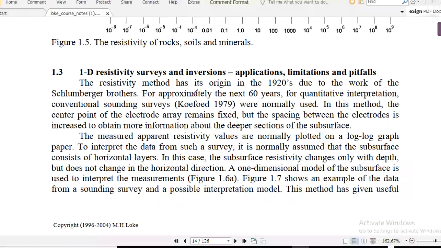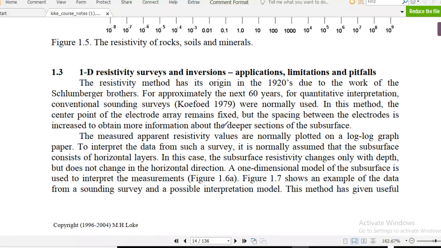The resistivity method has its origin in 1920 due to the work of the Schlumberger brothers. For approximately the next 60 years, for quantitative interpretation, the conventional sounding survey was normally used.